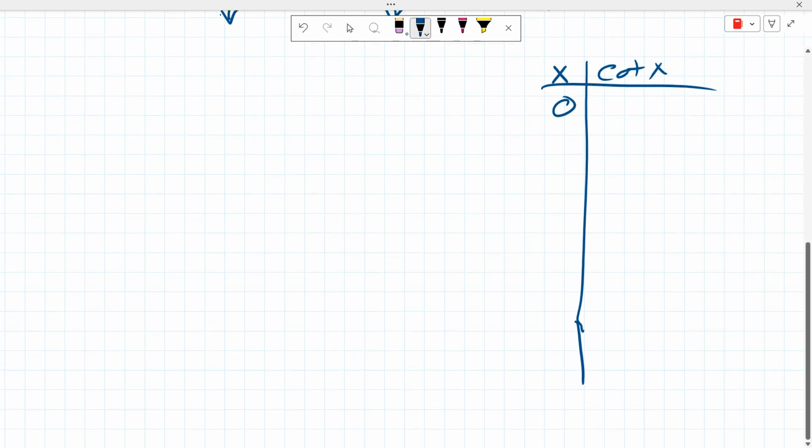Okay, again, 0. What's cotangent at 0? Well, it would be x over y, right? What's 1 divided by 0? Undefined. Pi over 4, 1. Pi over 2, 0. 3 pi over 4, -1.